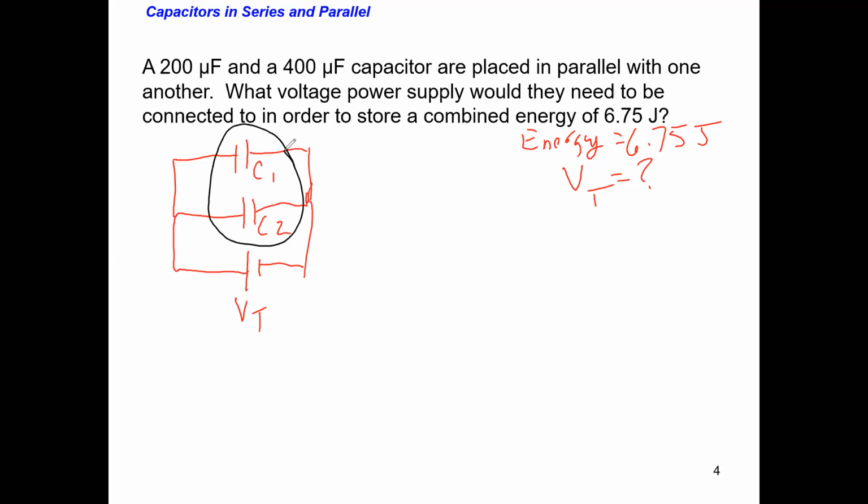So those two capacitors are in parallel. I'm going to use my formula for how capacitors in parallel add together. That's just C1 plus C2. I get 600 microfarads out of this.